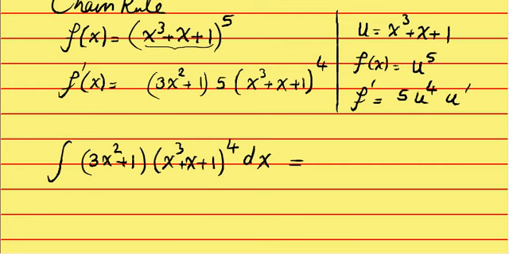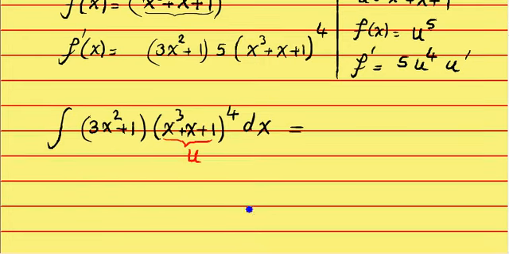Here is how we approach it. We have to detect the presence of some function whose derivative is multiplying the whole expression that we have. Well, in this case it would be just this, and we are going to take that as our substitution u. So I'm going to change the language of this integration to the language of u. It starts by taking u as x cubed plus x plus 1.